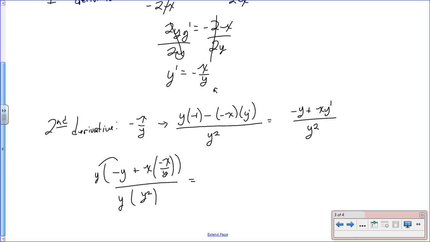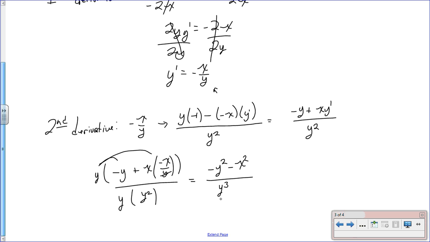Now distribute the y through to both sets of parentheses. You get negative y squared minus x squared, because the y here and the y in the bottom will cancel out, leaving you x times negative x, which is negative x squared, over y cubed.